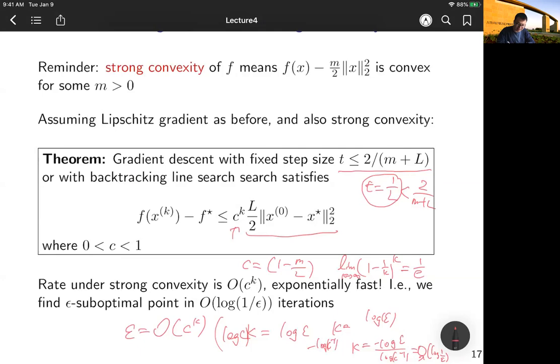So this is basically saying that suppose we have a c that looks like that, it takes roughly order of L over m iterations to shrink the suboptimality gap epsilon by roughly 1 over e. Okay.